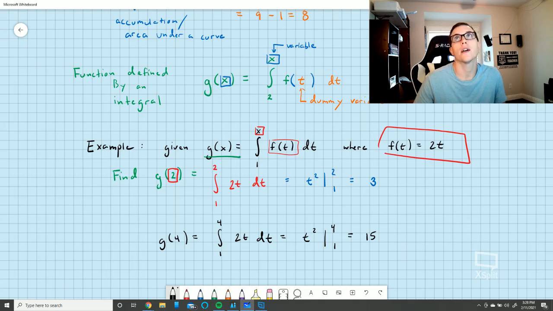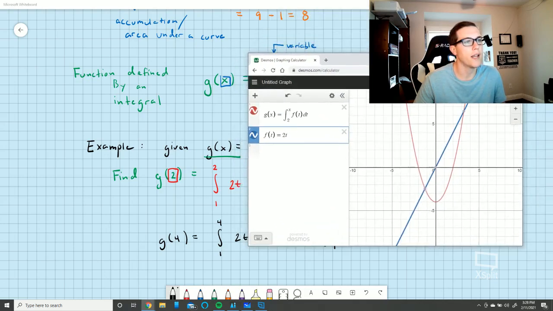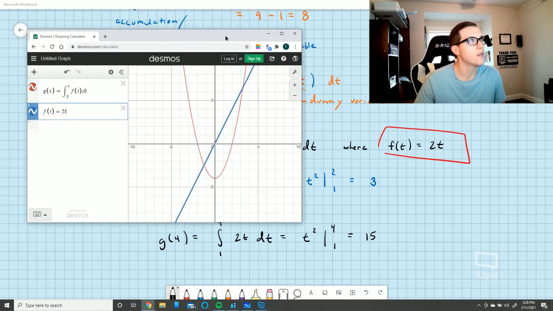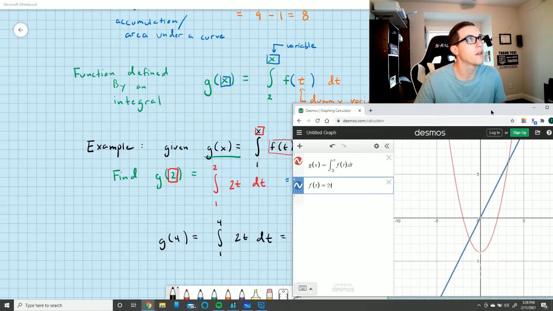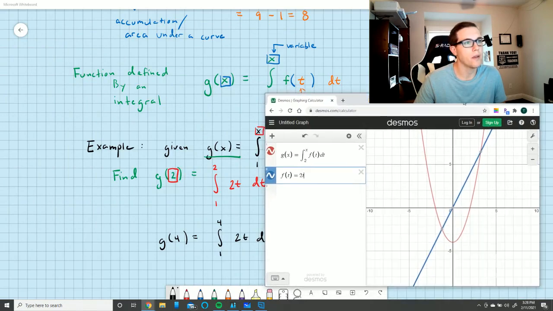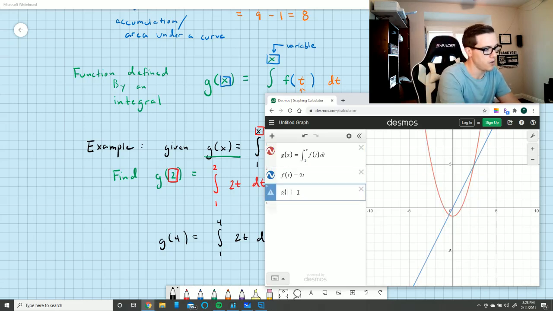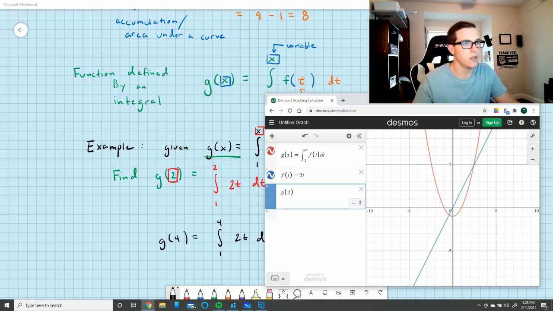A helpful thing to see, the cool thing about this is Desmos can handle these. Your graphing calculator cannot. Let me put it down here. Look what I typed in: g of x from, oops, this should be 1, from 1 to x, and then I told you what f of t is, and I can get all kinds of values. I can get our g of 2 value. What's 3? Didn't we have that?